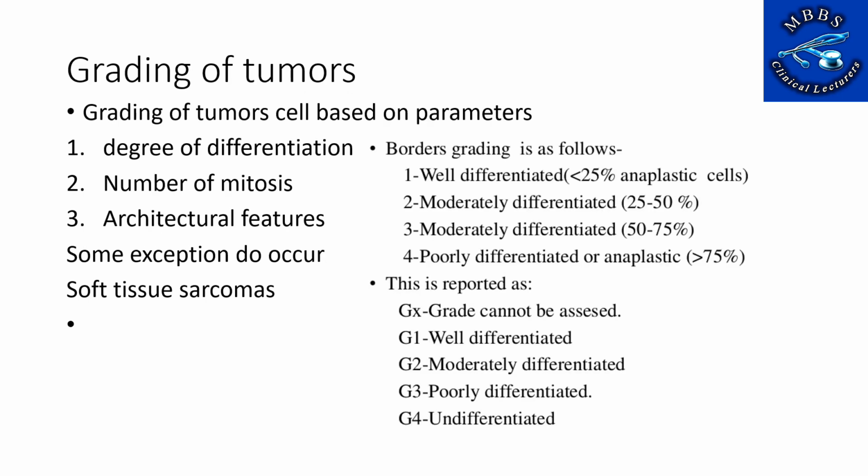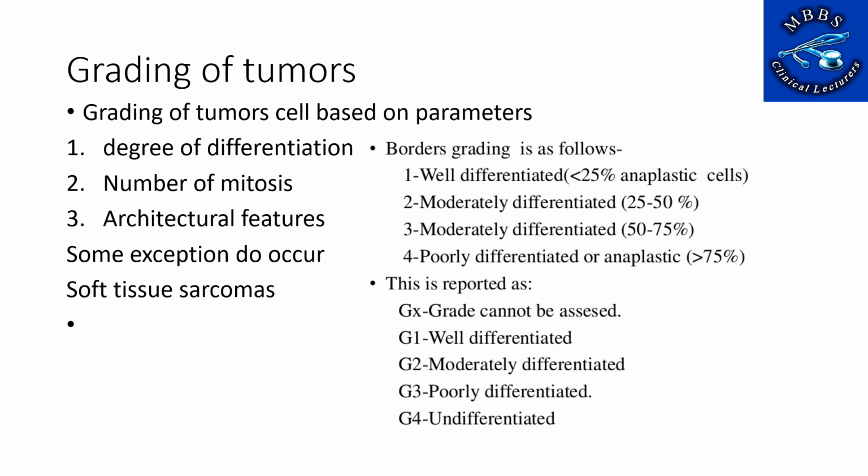Okay, grading of the tumor basically comes from the histological report. The grading of the tumor is usually done in the histo lab by the histopathologist, and there are some parameters on which we are going to label the tumors as well differentiated, moderately differentiated, or poorly differentiated.